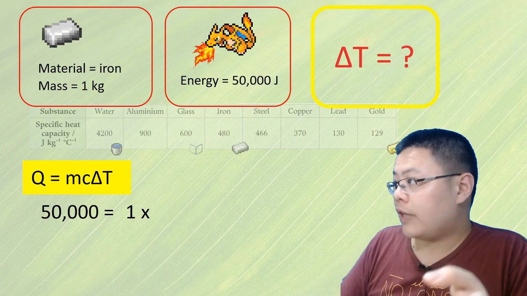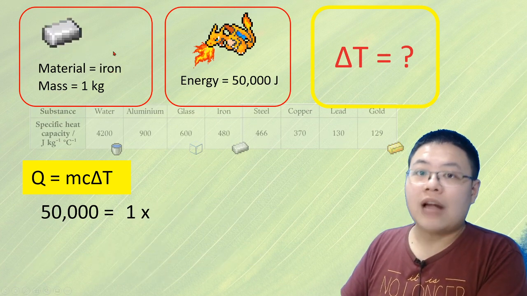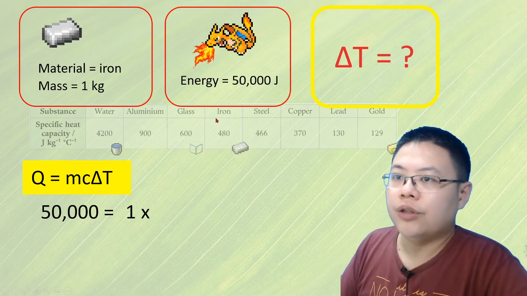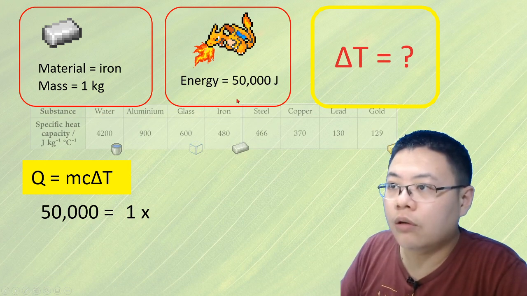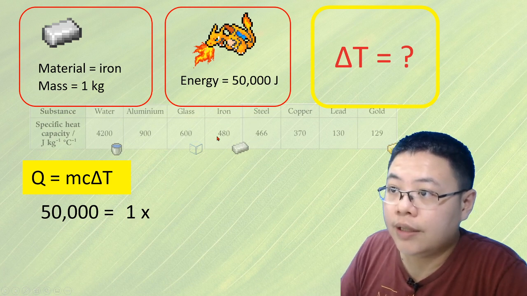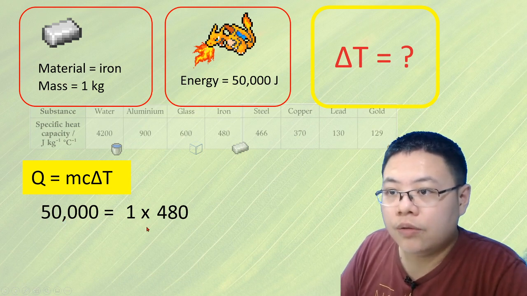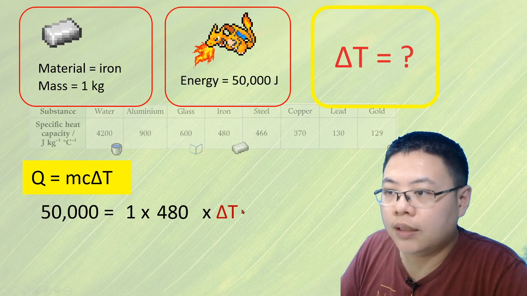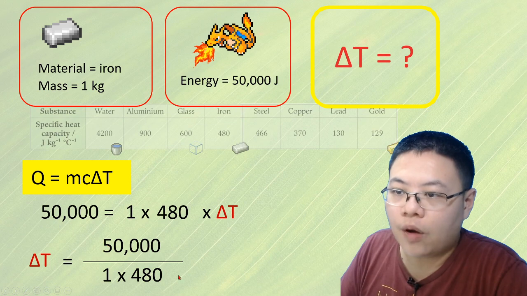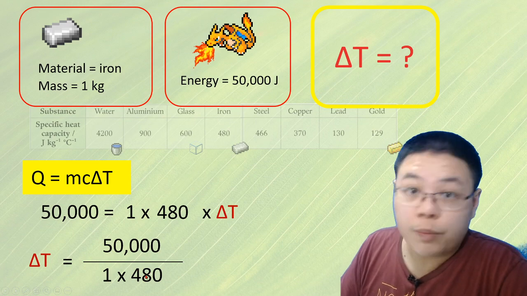Now, practice one more time. If we don't use water, if we use iron, how do you think the result will change? So from this table, we have to look up iron. The specific heat capacity of iron is 480. So we plug it in. Q equals mc delta T. Rearrange that, you have the same format, but the denominator is smaller.